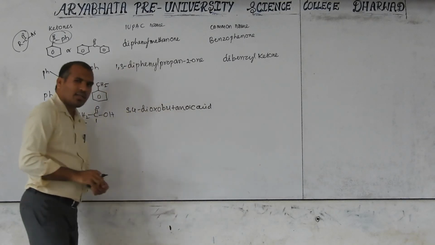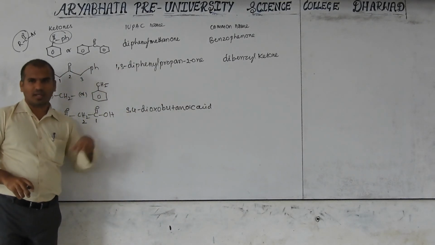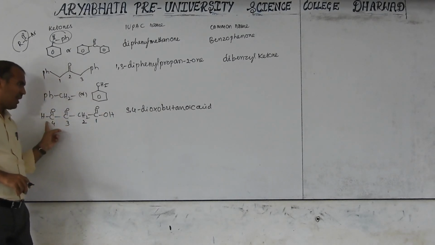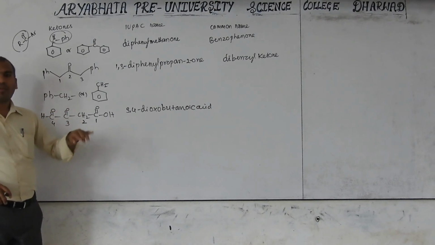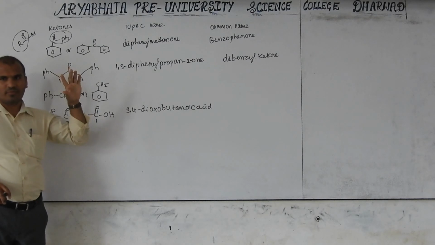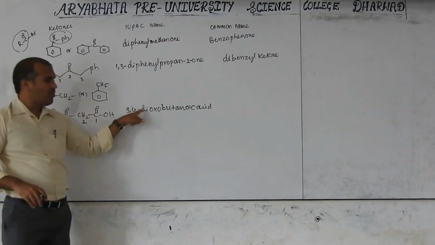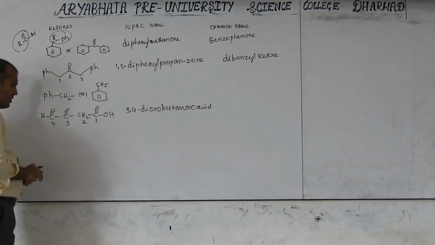We cannot indicate the position of carboxylic acid because it is always terminal. But here the aldehyde position is indicated, because now it is not the functional group. When it is considered as the functional group, we do not indicate the position. But here it is considered a substituent. That's why the number is indicated: 3,4-dioxobutanoic acid.